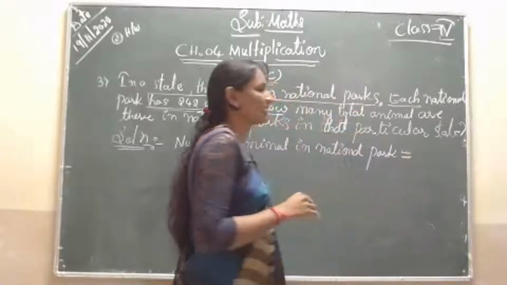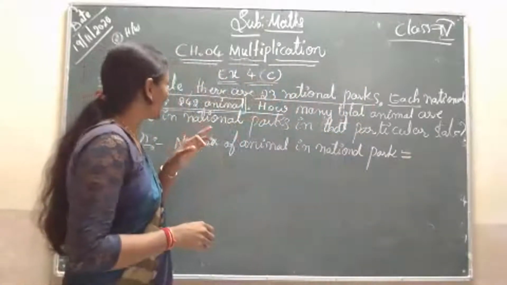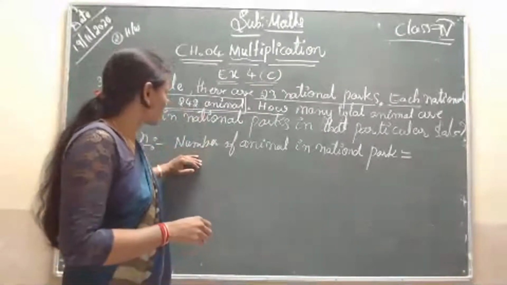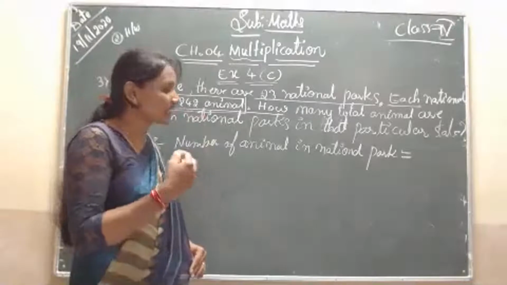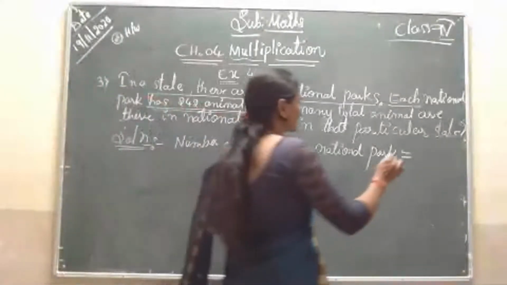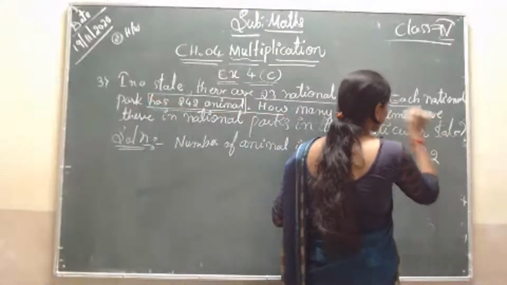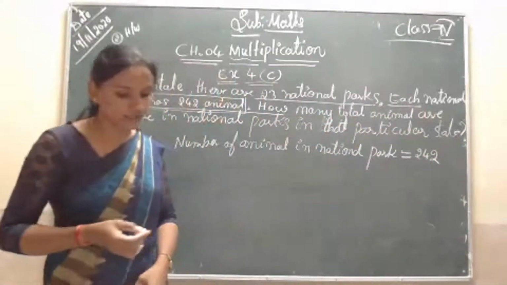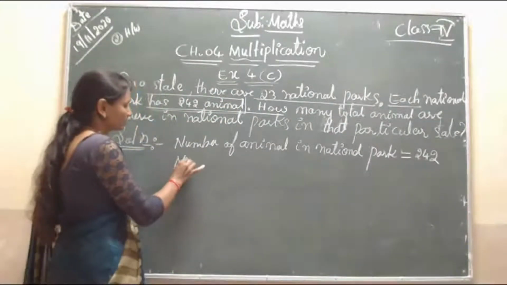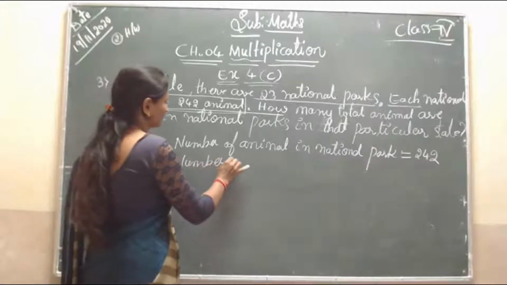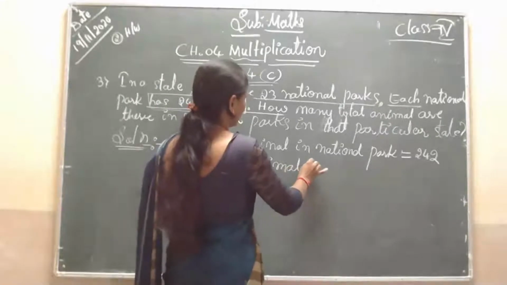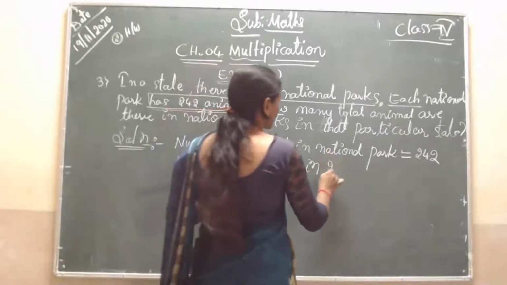Students, can you observe already? In each national park there are 242 animals. So the first statement is the number of animals in a national park. The number of animals in a national park is 242, in each national park. So the next statement: the number of animals in 23 national parks.